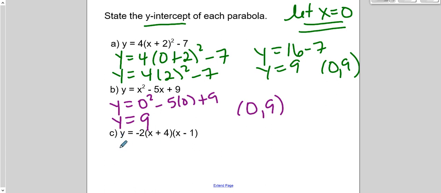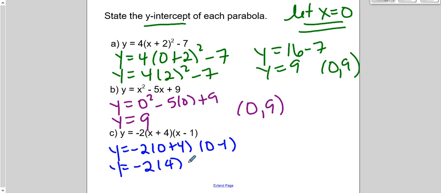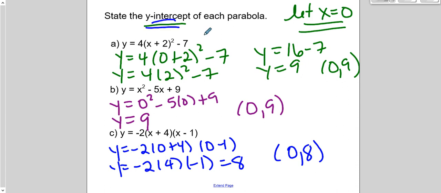And then here for this last one, 0 plus 4, 0 minus 1, which would equal negative 2 times 4, and 0 minus 1 is negative 1. So negative 2 times 4 times negative 1, which is going to give me a positive 8. So 0, 8. And so this is how you get your y-intercept, just by simply letting x be equal to 0.